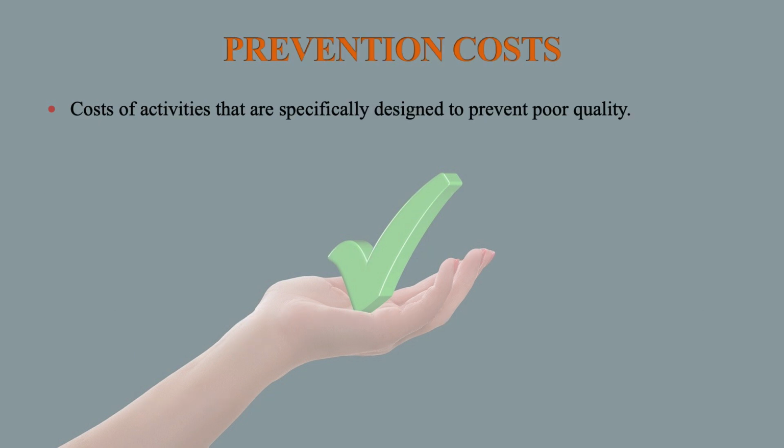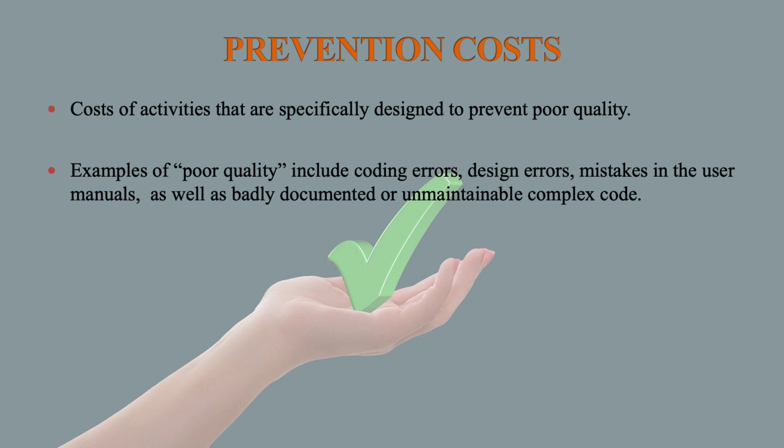Prevention cost. Cost of activities that are specifically designed to prevent poor quality. Examples of poor quality include coding errors, design errors, mistakes in the user manuals, as well as badly documented or unmaintainably complex code.